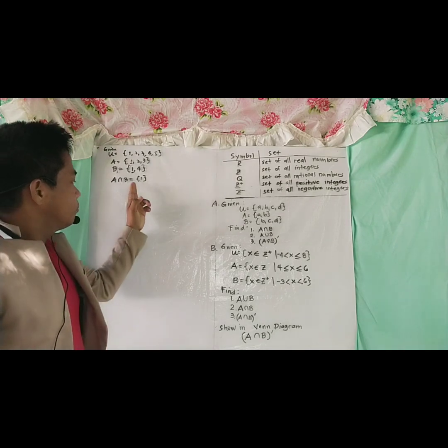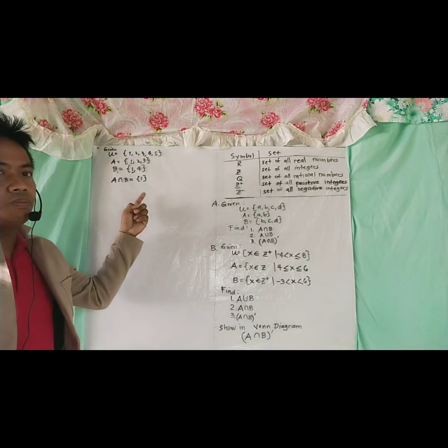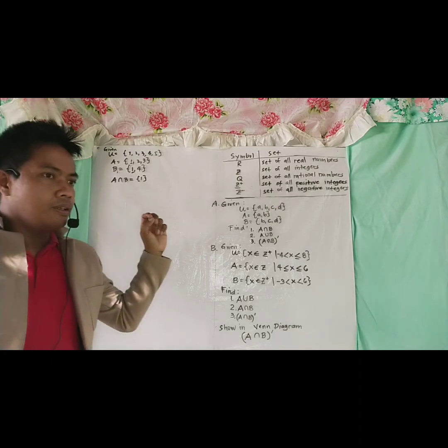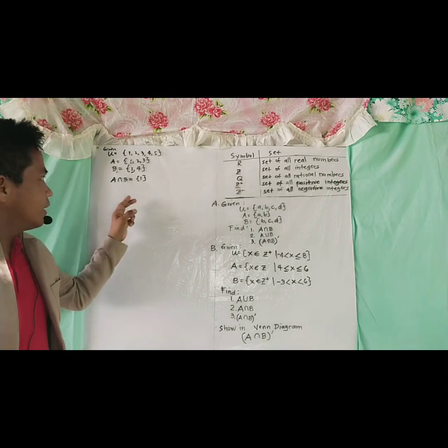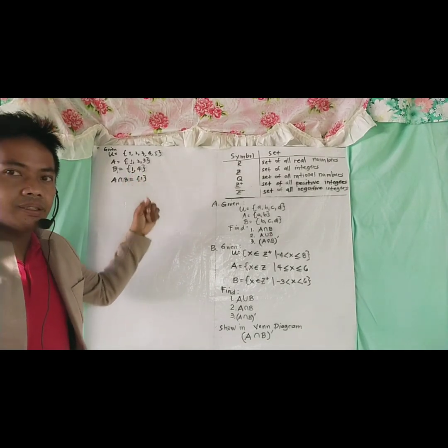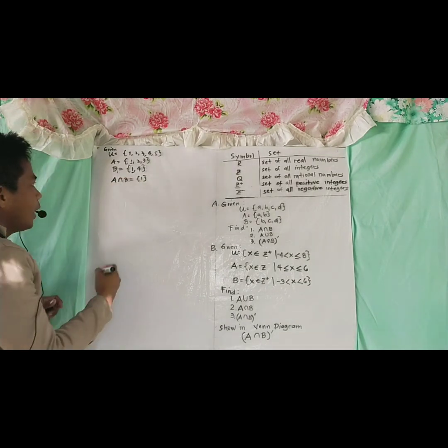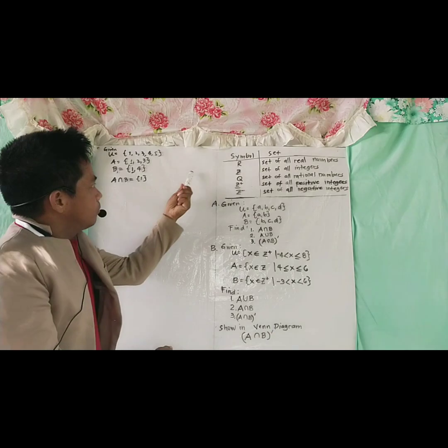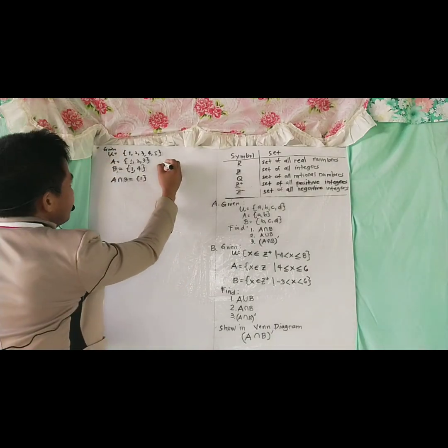But in an intersection, we can have many members depending upon the given. Take note that the elements are common to both A and B. So A intersection B. How are we going now to show this in a Venn diagram?